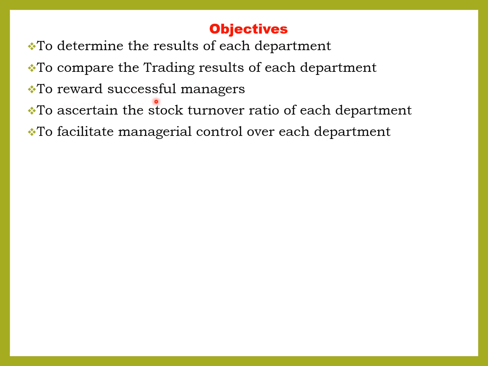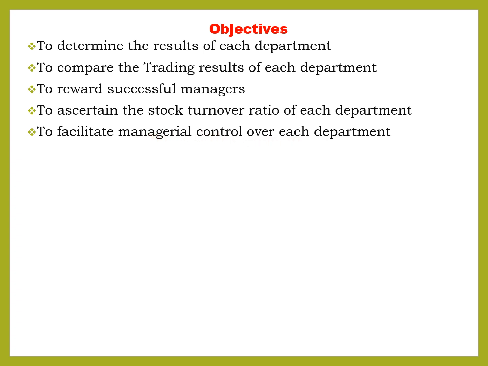Number 3, to reward successful manager. Any manager who performs exemplary, we reward him, we give him prize, we give him promotions. To ascertain the stock turnover ratio of each department, that is sales performance of each department. To facilitate managerial control over each department.